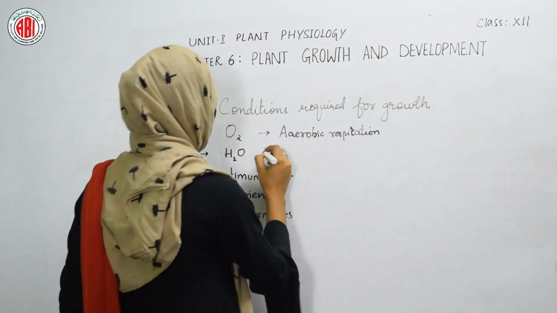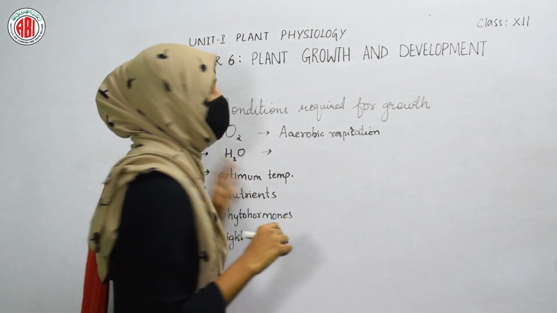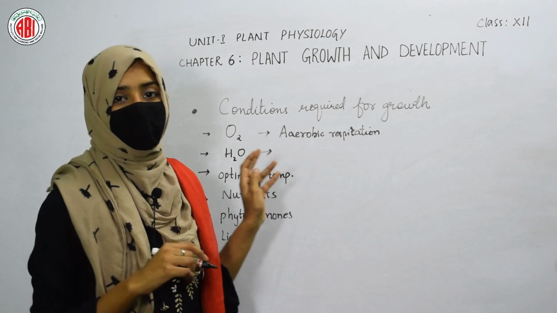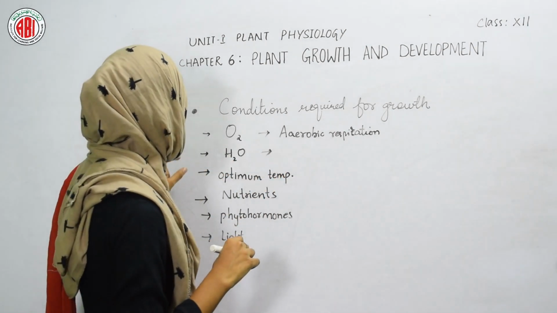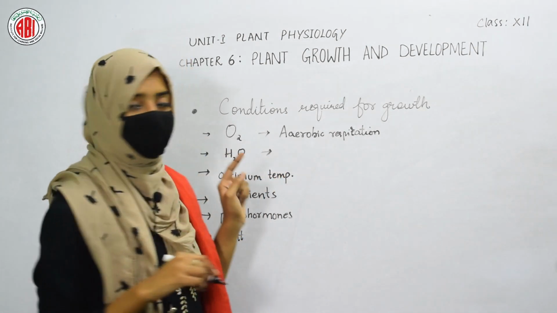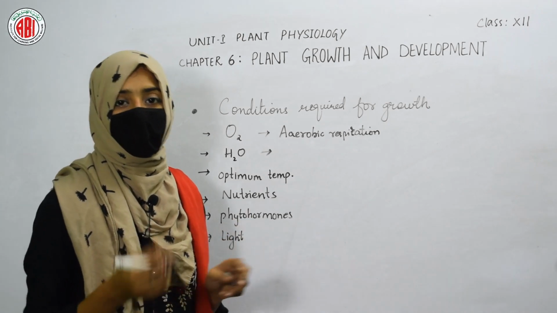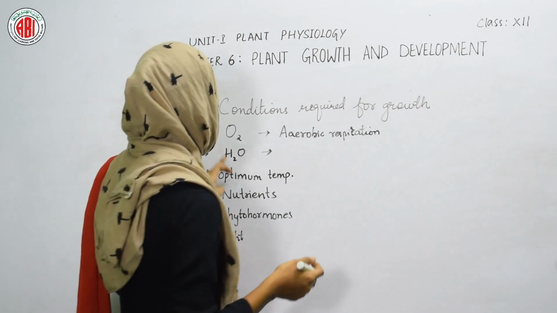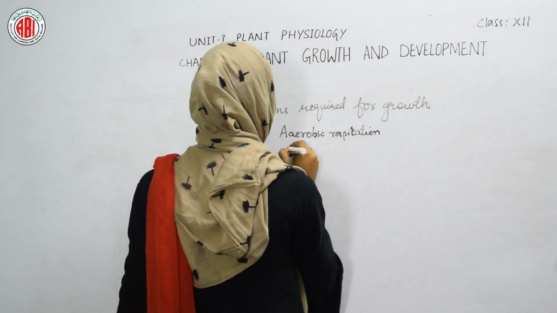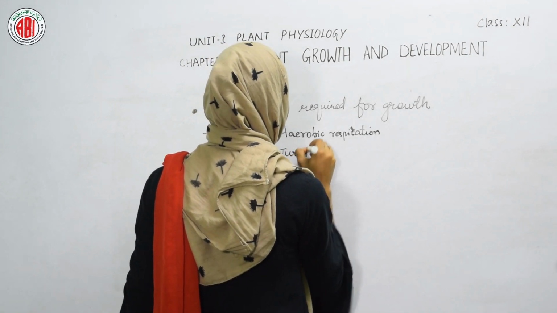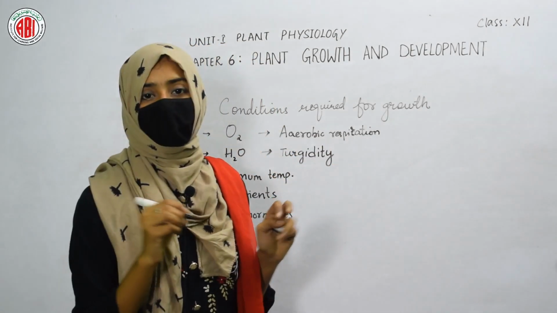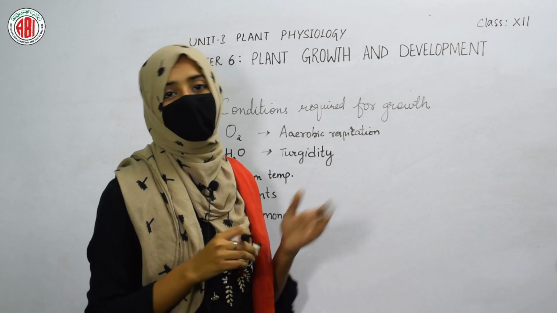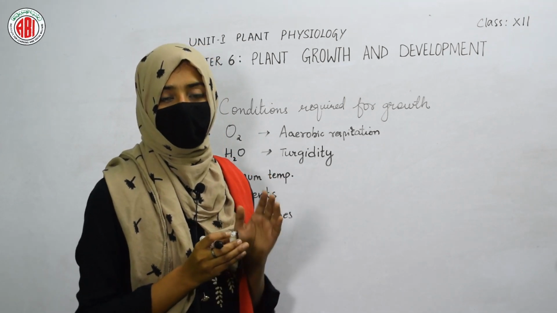The next one is water. Water plays a vital role in the plant. Water is an essential component required by the plant cells, or by the plant body. This water provides turgidity to the cells. In the phases of growth, we have just studied that the first phase is the meristematic phase.